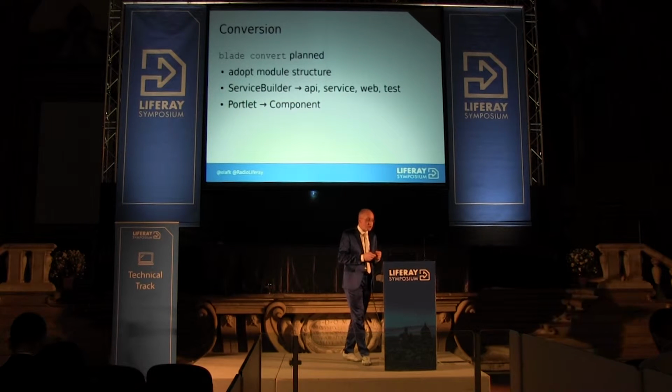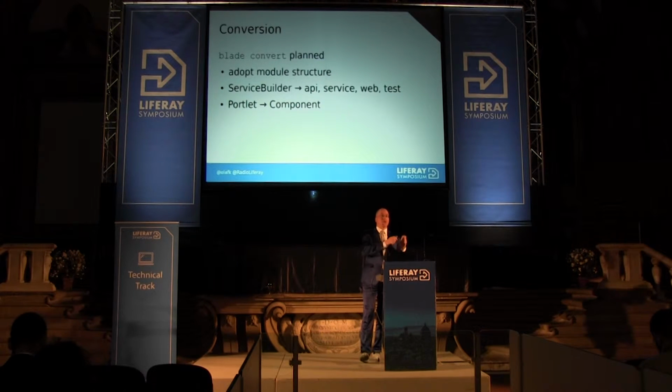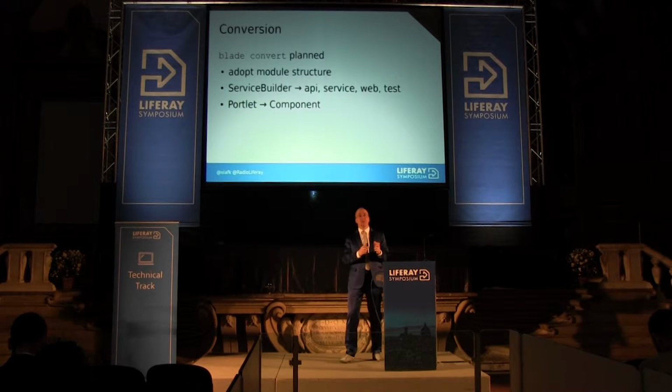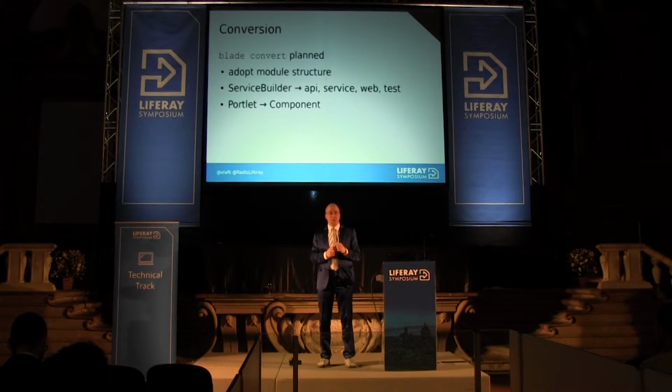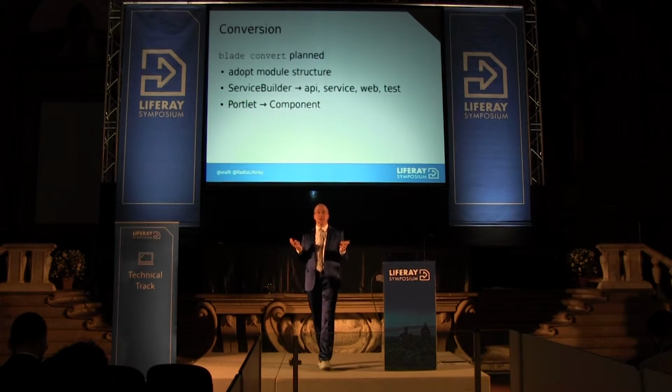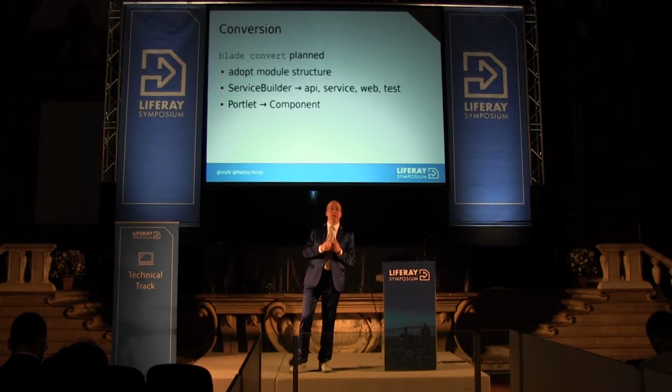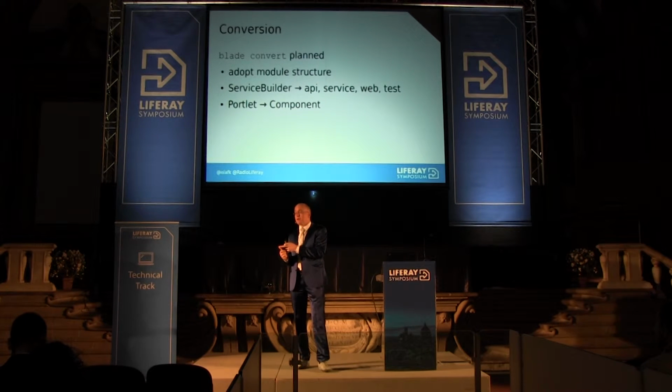Now in conversion, we have the conversion planned, which takes your current portlet module and converts it to an OSGI module. Now where's the big difference? We have two ways to create a portlet in future. One is the JSR 286 way. You all know Portlet XML and all of these descriptors and so on.